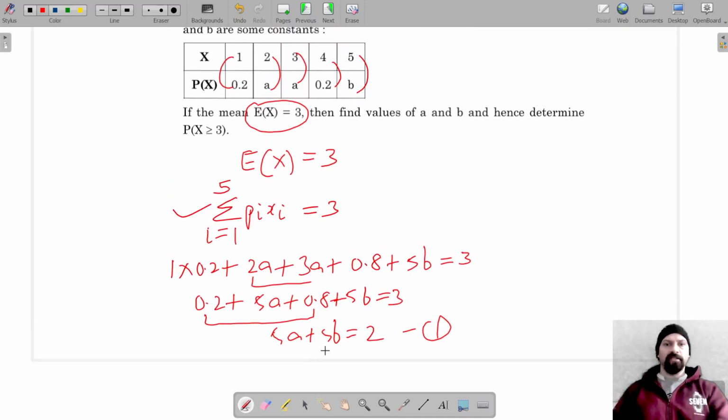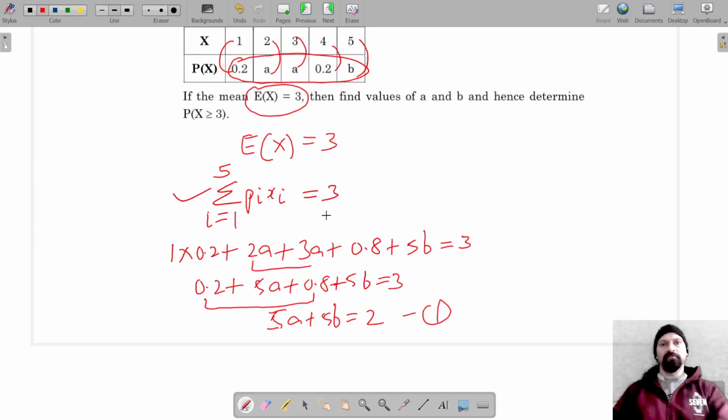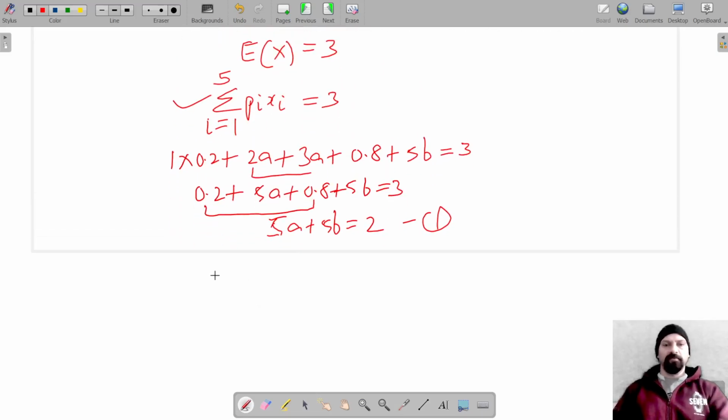Now to find the value of these two variables a and b, we should have a second equation as well. And to get the second equation, we know that the sum of the probabilities of all the events is equal to 1.